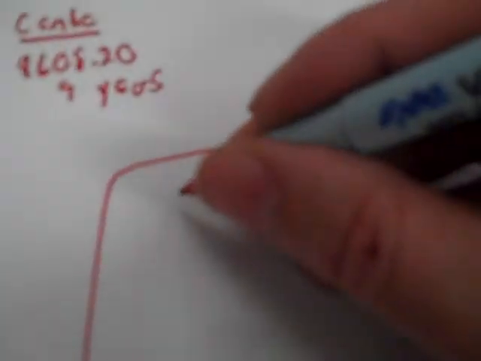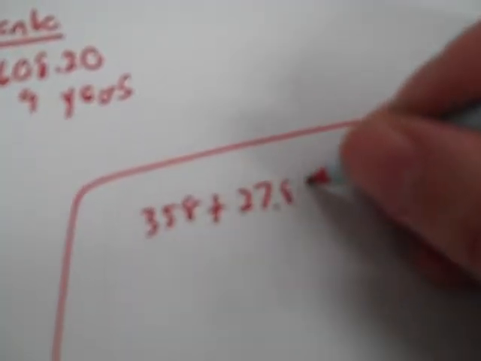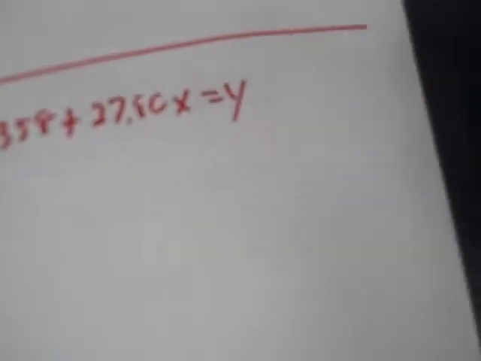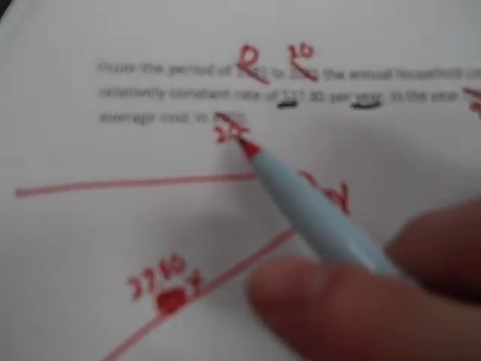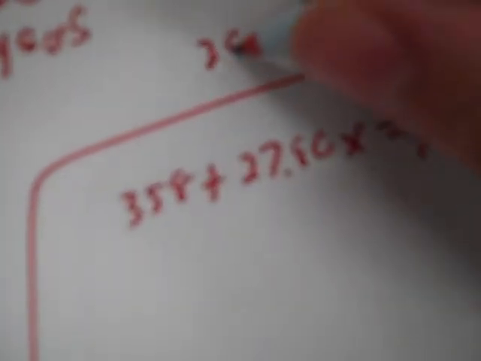So we had 358 of these dollars. I'm going to be adding $27.80 every year, so I can put X there because I don't know how many years equals Y. Okay, then the last number is a 20. Remember, that's 20 years.